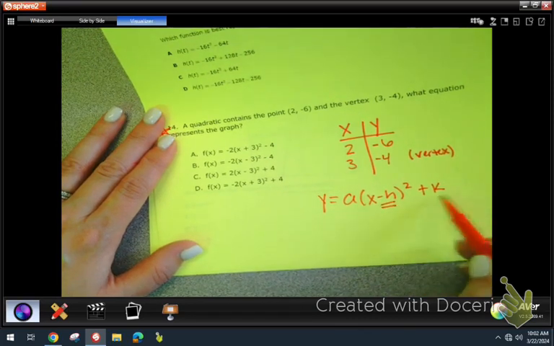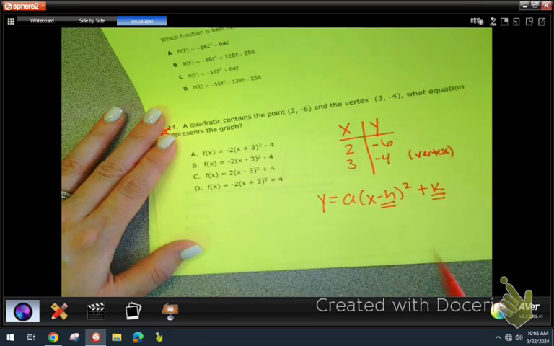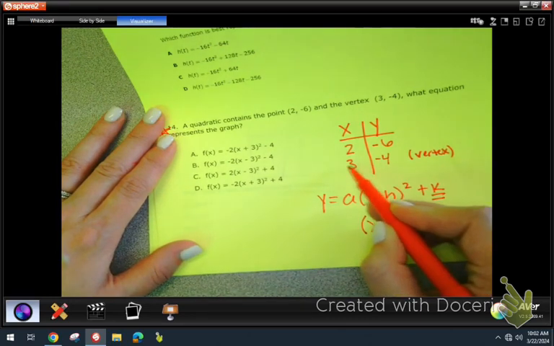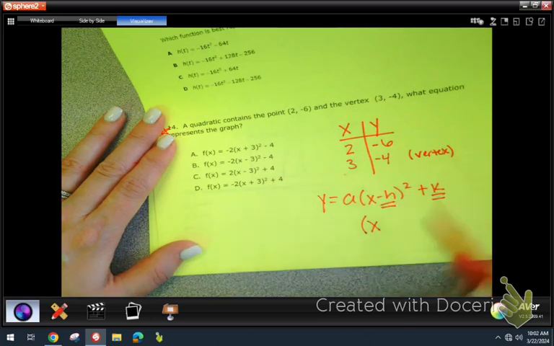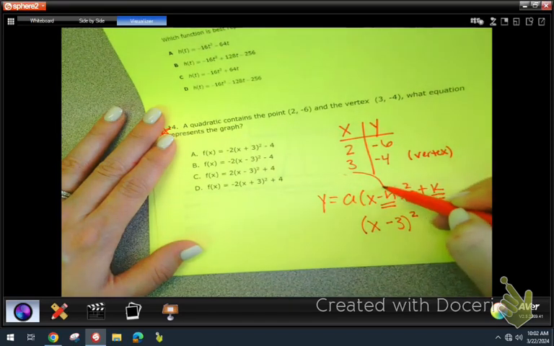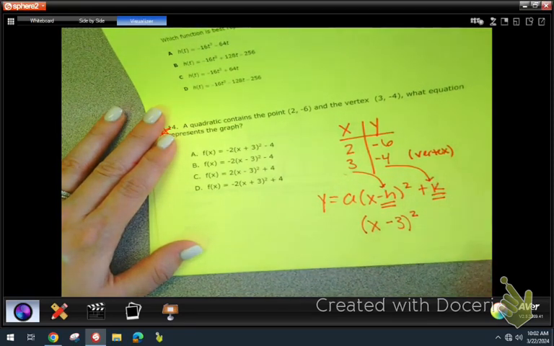H and K. Okay. Now, H is inside of parentheses. So what do we need to do with the sign of that number? So if our x value of our vertex is a +3, what kind of 3 am I going to write in here? -3. The y value of your vertex goes for k. It's not in parentheses, so do you change the sign there? So at the end, I'm going to put -4, and then you have to figure out what number goes in the front.